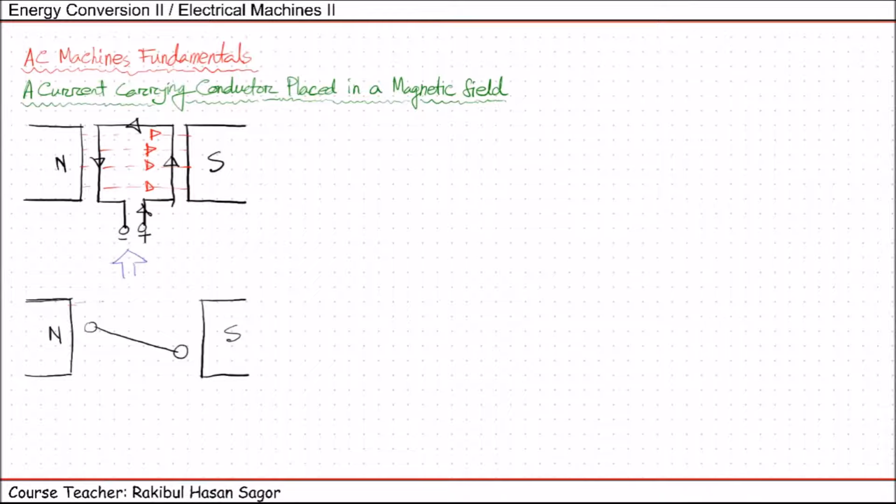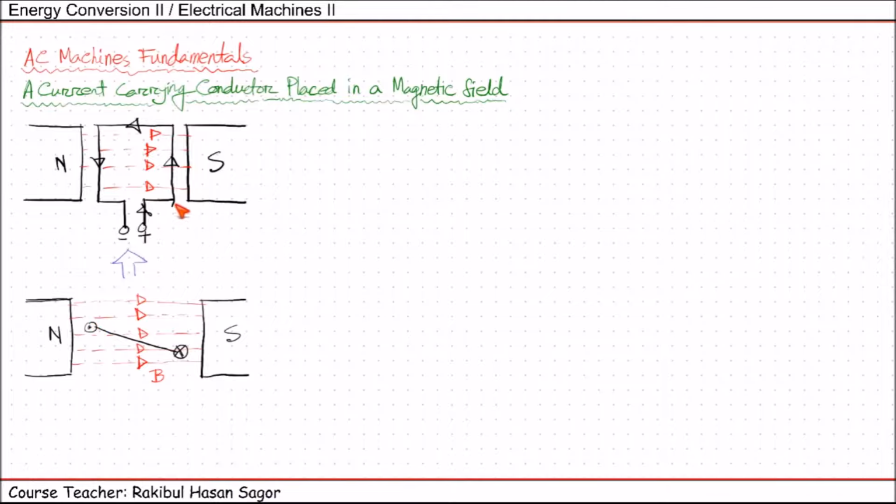Field lines are moving from north to south with a magnitude B. In this conductor, the current is flowing into the page. That means if you look from this side, the current is flowing into the page for this conductor and the current is coming out of the page for this conductor.